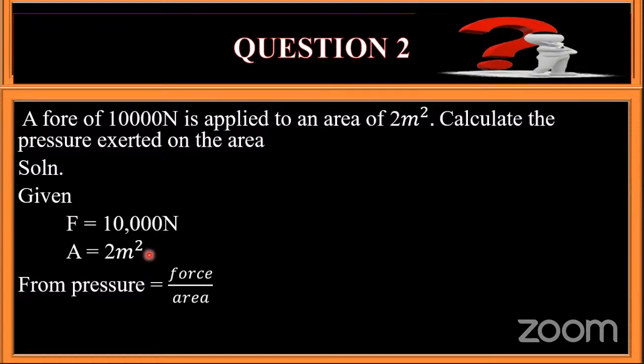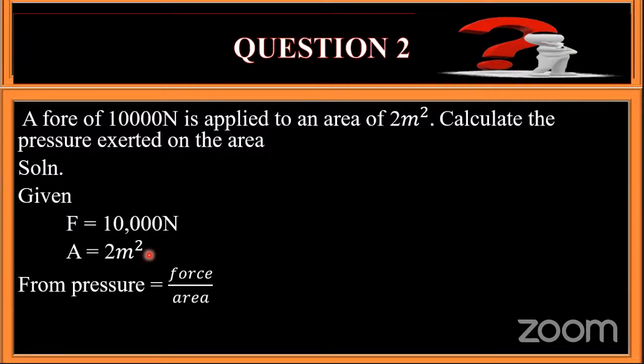Here you may be tempted to convert again, just like how we did in the previous example. In the previous example, we did so simply because our area was in centimeters squared, so we had to divide by 10,000 to convert it to meters squared. But here it's already in meters squared. So we just pick and substitute.